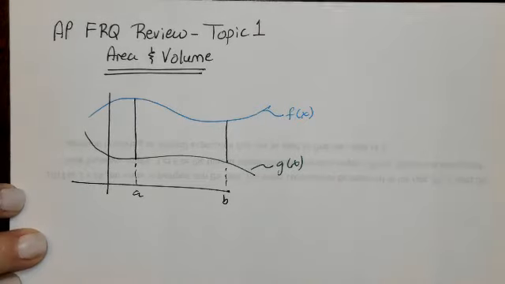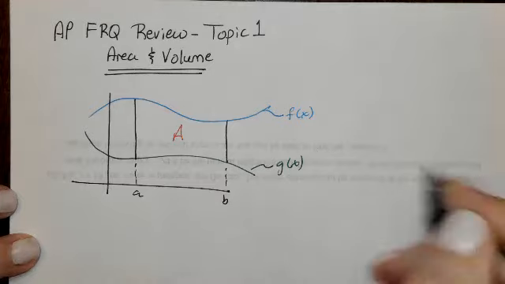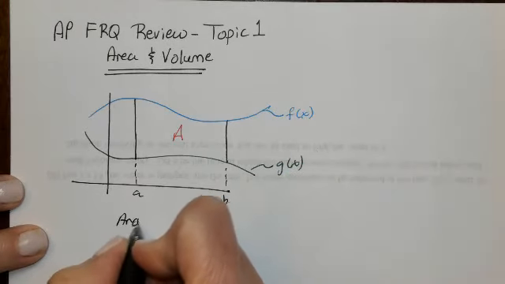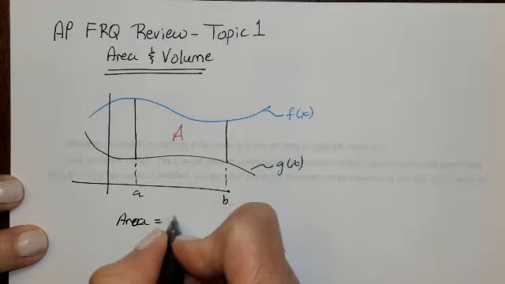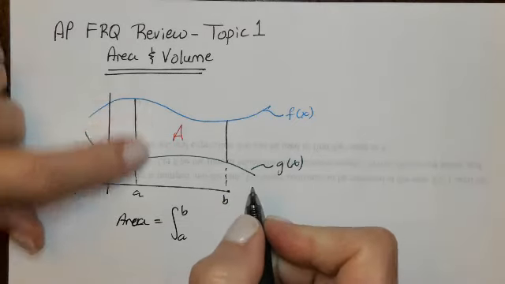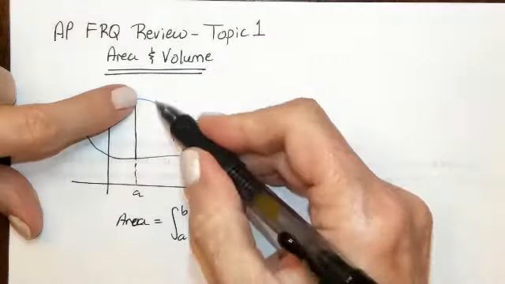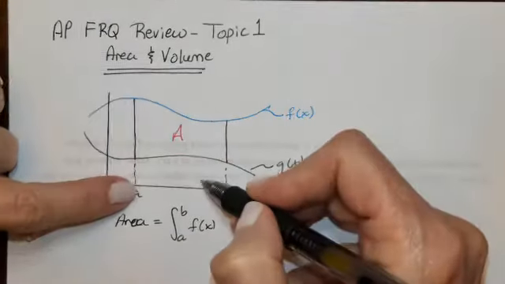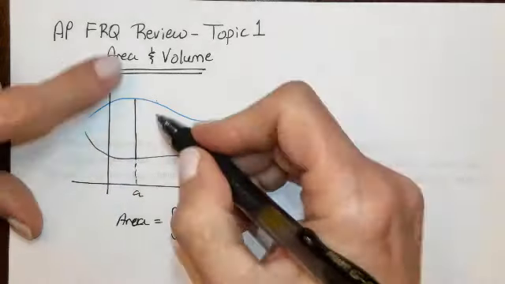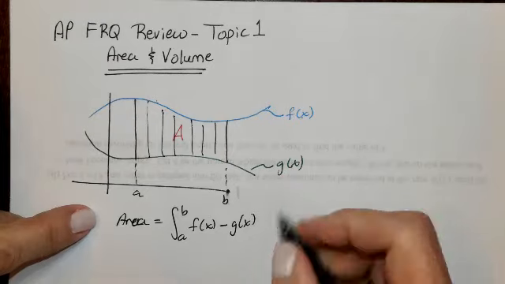So if we want to know the area between these two curves, we can say that the area is equal to the integral from a to b of f of x, which will give the entire area from f of x to the x-axis, minus g of x, because if we want just the area between the two curves, we want to subtract out the area of g of x.